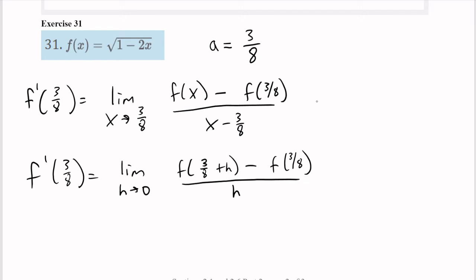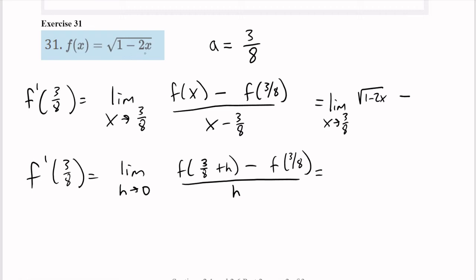Let's simplify these maybe a little bit so we can get an idea if one's better than the other. Limit as x approaches 3 over 8. f of x is the square root of 1 minus 2x. If I plug 3/8 into here, I'm going to get 1 minus 6 over 8.